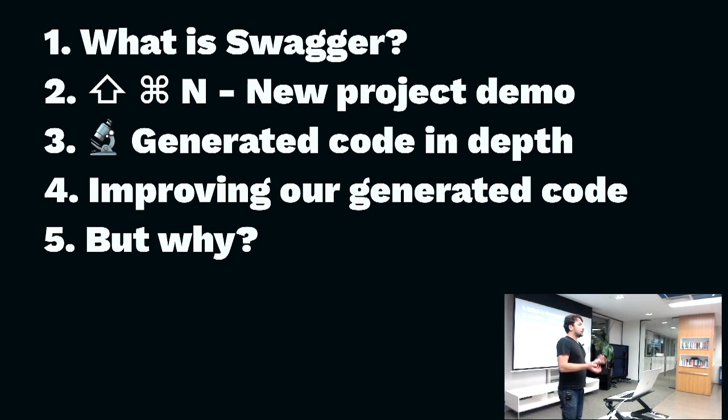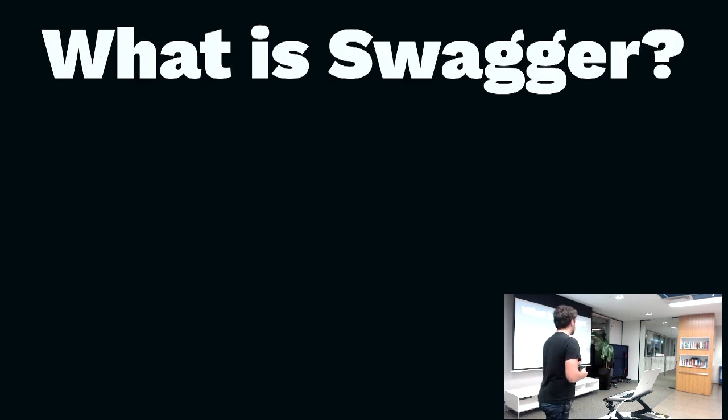We're going to try and improve that generated code, not too much, just really quickly, to show that you can do more than what it just generates. And then we're going to go, well, but why? And but why is a little bit of, we can all yell at me or yell at each other about but why. So what is Swagger?